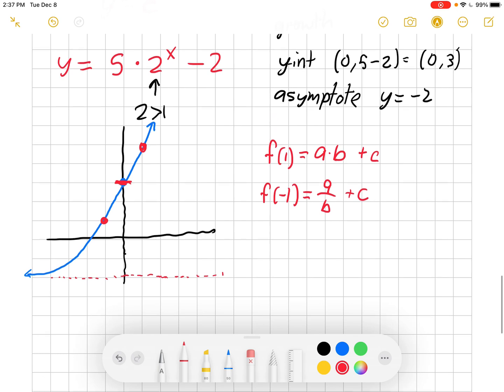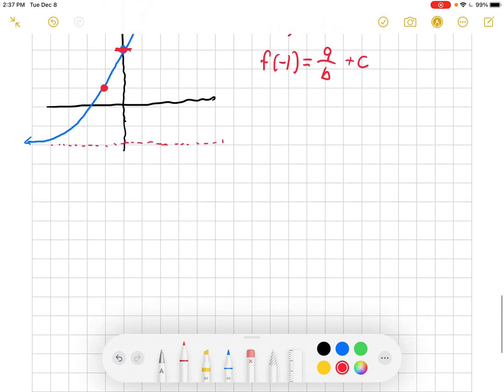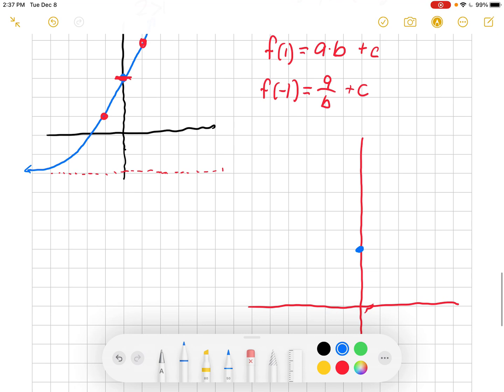So for example, if we have this graph that we just did, 5 times 2 to the x minus 2, and I wanted to do it more accurately, I'm going to slide down to give us a little bit more space. We can put in our axes. We start at 0, 3, and the next point would be f of 1. So if we wanted to go to f of 1, we would see that we have a times b plus c. So that would be 5 times 2 plus c.